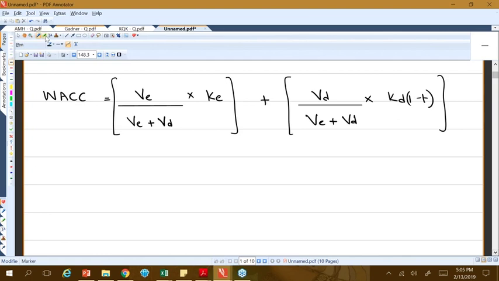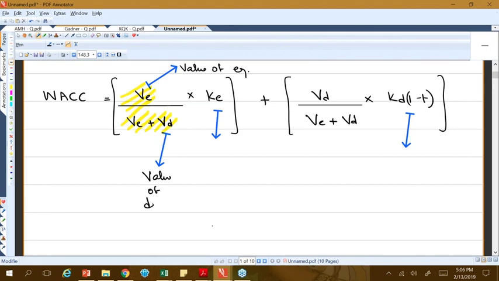If I take the value of equity of a business and divide it by the value of equity plus the value of debt, what I get is the proportion of equity within my capital structure.